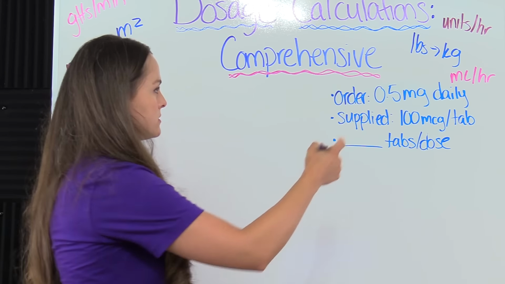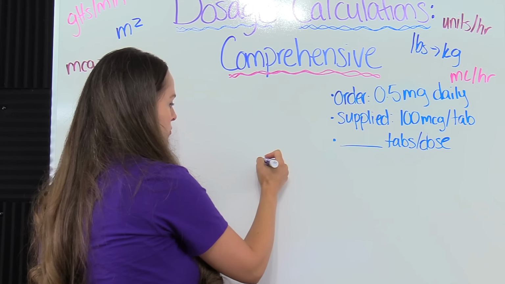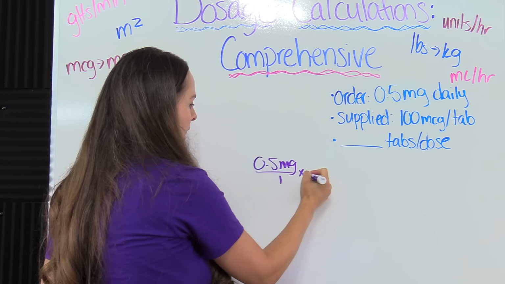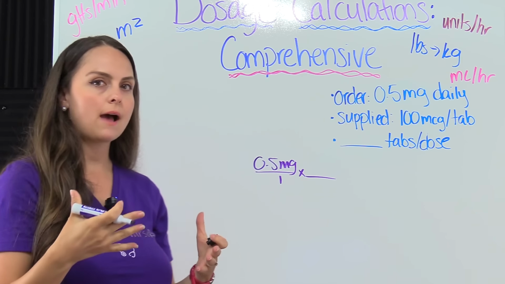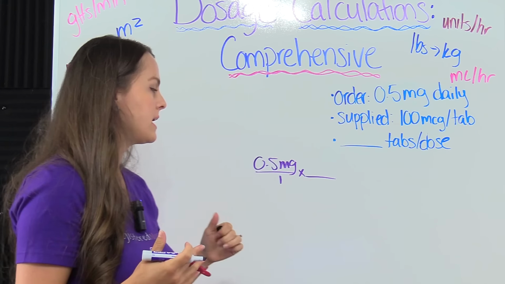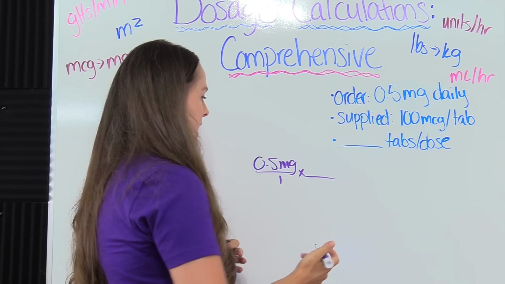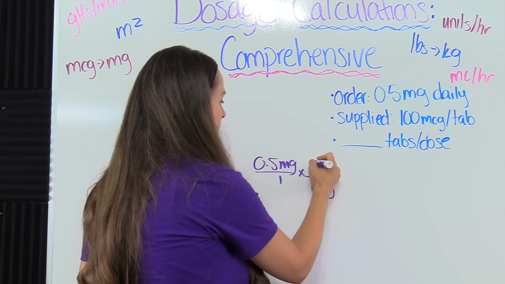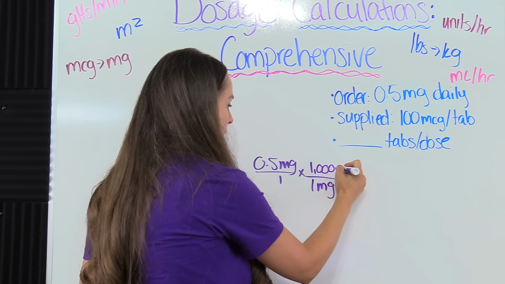So let's set up our problem using dimensional analysis. So doctor ordered 0.5 milligrams. And we're supplied with some tablets that are in micrograms. So we have to get to micrograms right now. So from our metric table, we know that in 1 milligram, there are 1,000 micrograms.